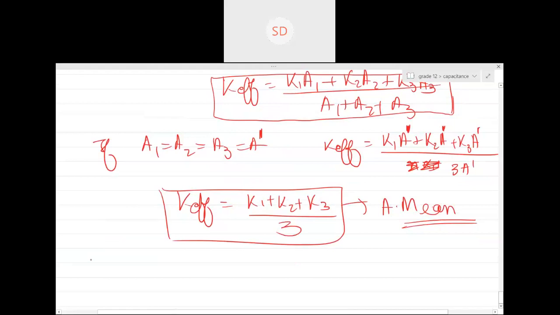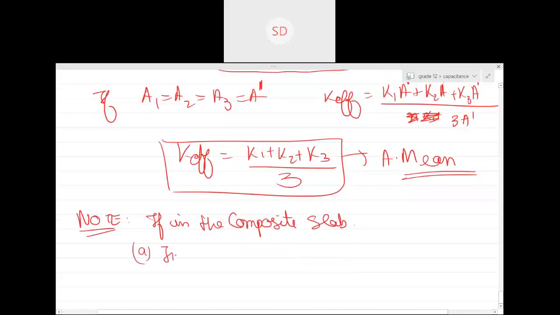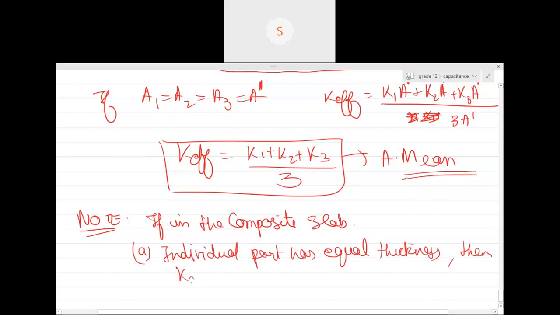I'll write, if in the composite slab individual parts have equal thicknesses, then K effective is the harmonic mean.